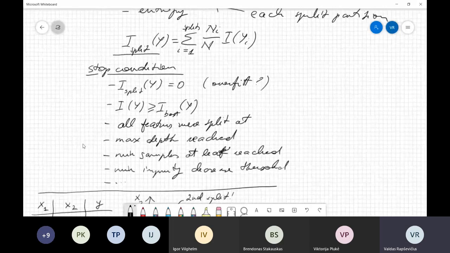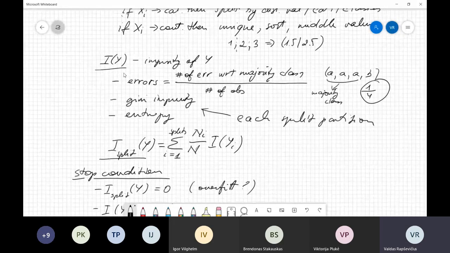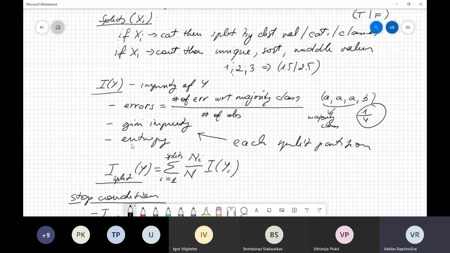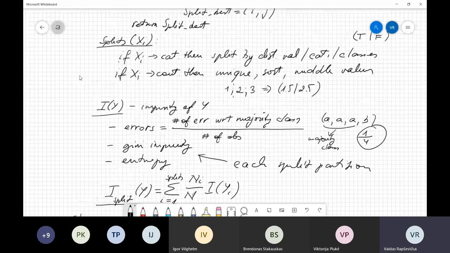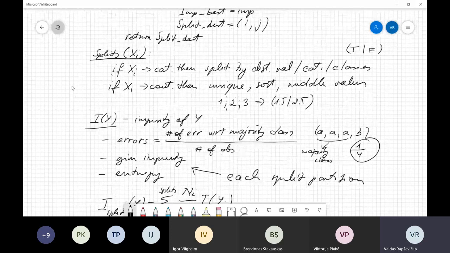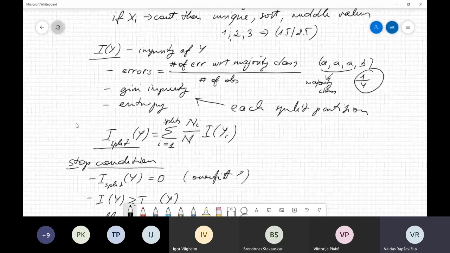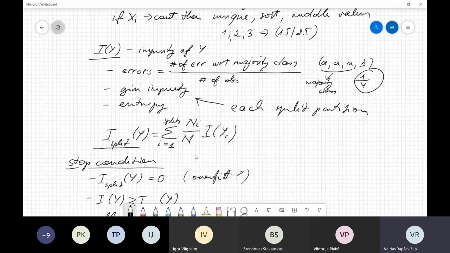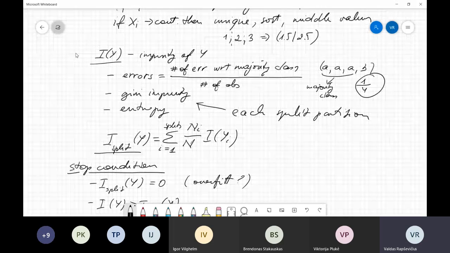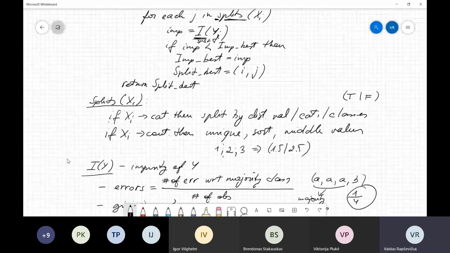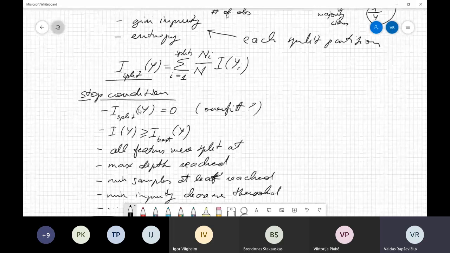You have options for how to compute the impurity. The simplest one is error. The other options are Gini impurity or entropy. You choose, and then you calculate the cost for the split.